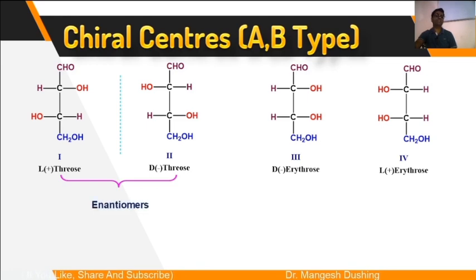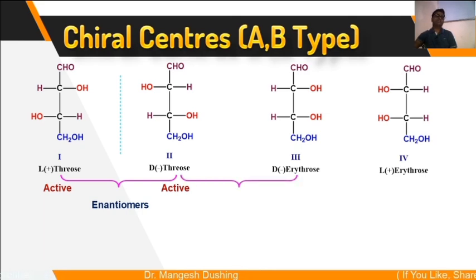So compound number 1 and compound number 2 are mirror images of each other. Compound number 1 and compound number 2 are optically active compounds because they are enantiomers. Now we will compare compound number 2 and compound number 3. Look at those molecules properly.